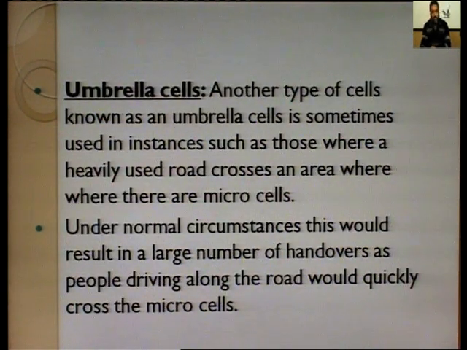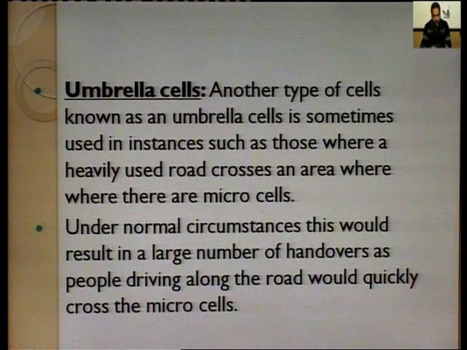Now, umbrella cells. What is an umbrella cell? It is another special type of cell. It is given this name because it covers the geographical area, covering the smaller cells like an umbrella. It is sometimes used in instances such as where a heavily used road crosses an area where there are no micro cells.